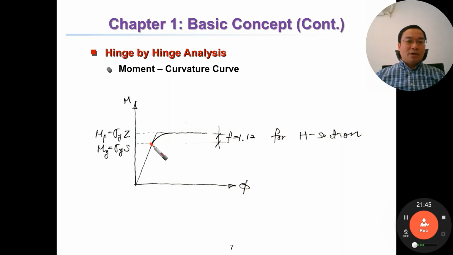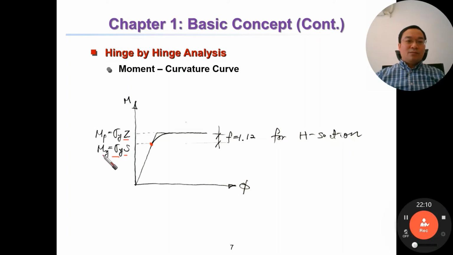And at this point, we have My, and My equal to sigma y S. You know sigma y is the yielding strength of the material, and S is the elastic section modulus. Z is the plastic section modulus.